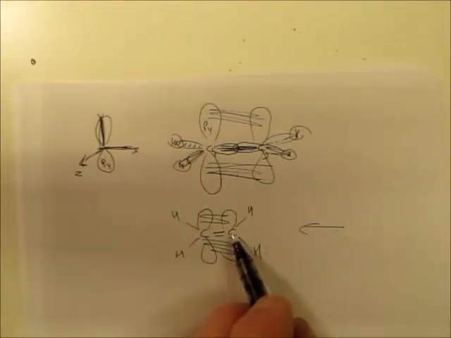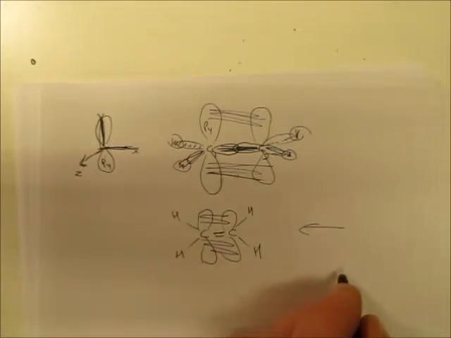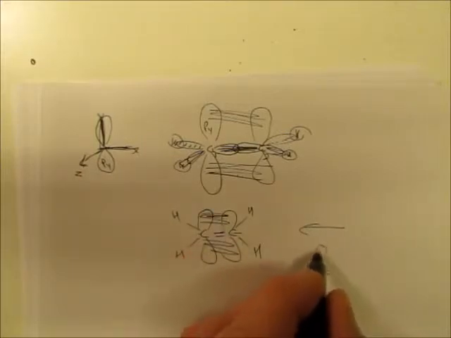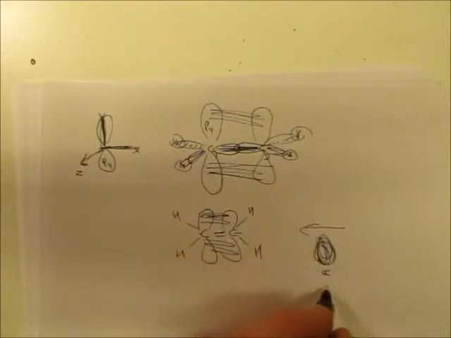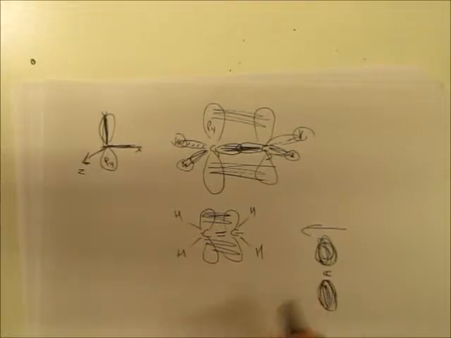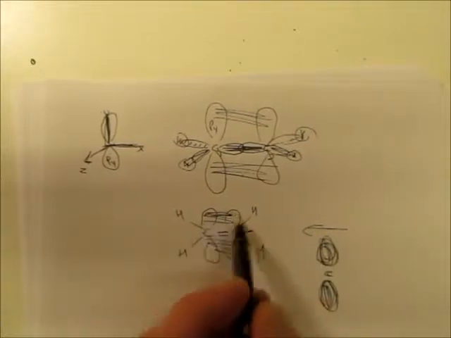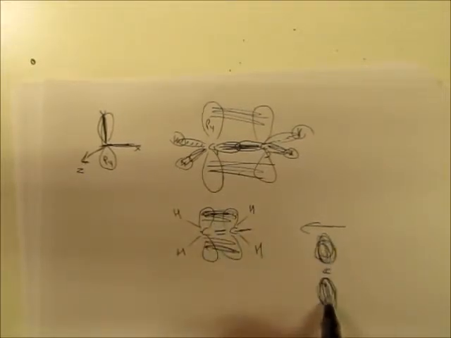So if I'm looking at it from the side, I would see the two carbons, one on top of the other, right? Above, you would see some electron density like this, and below. So when you're looking at it from the side, you see this electron density on top and below, just like this.